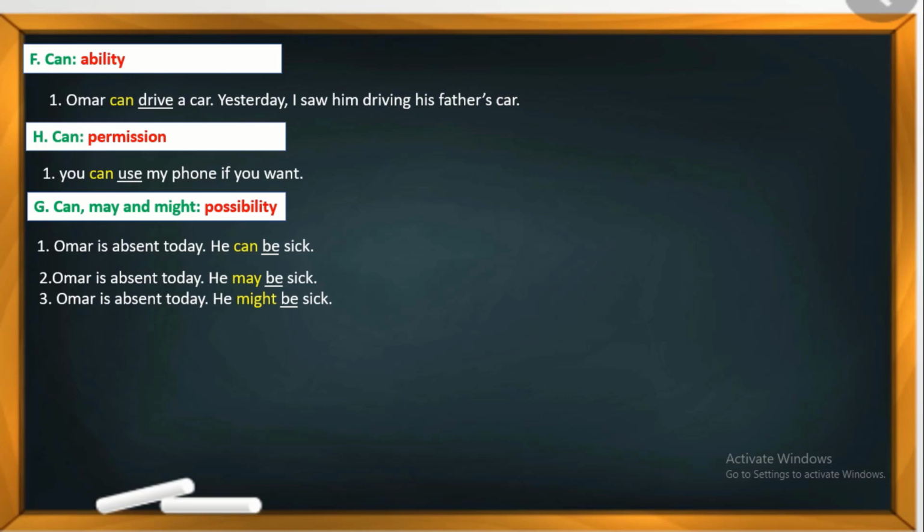Or Omar is absent today, he might be sick. So these are possibilities because I am not sure. Maybe he is sick, maybe he overslept, maybe he doesn't want to come, maybe his parent needs him for something, maybe he has got other reasons. So when you say may, might, can, you are expressing that something is possible.